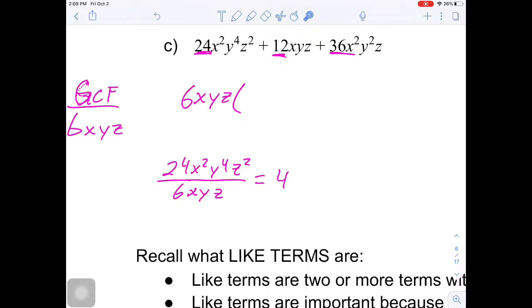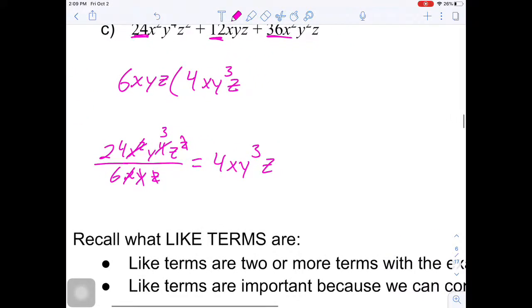X squared dividing x cancels one x out, so I'm just left with x. Y to the power of 4 dividing y cancels one of these out and cancels the bottom out, so I'm left with y cubed. Z squared dividing z cancels that out and gives me z. So here will be 4xy cubed z.